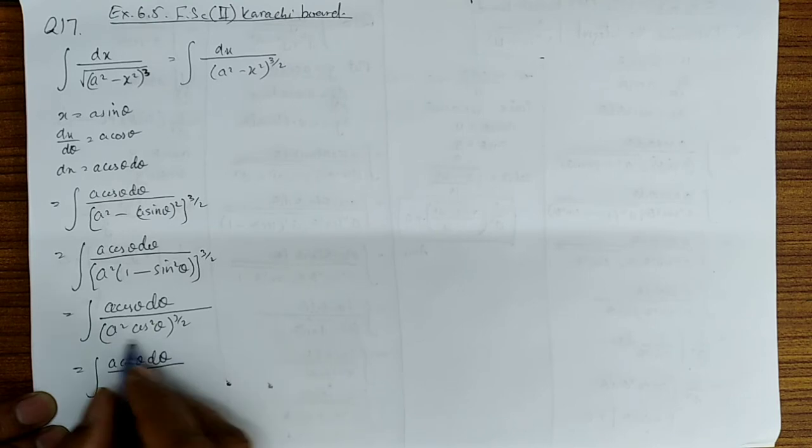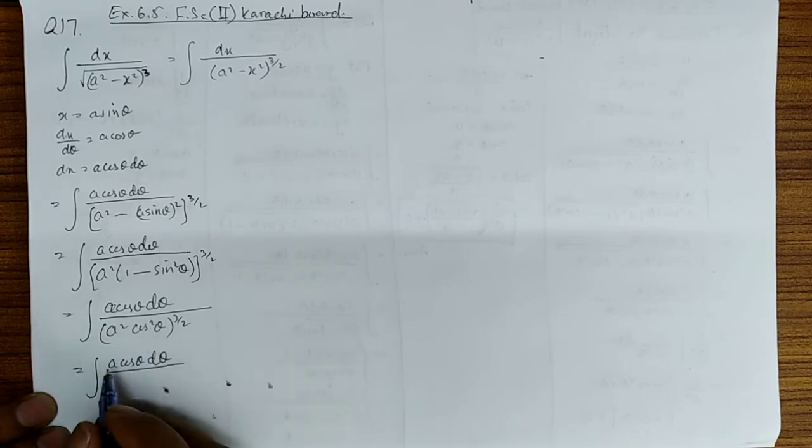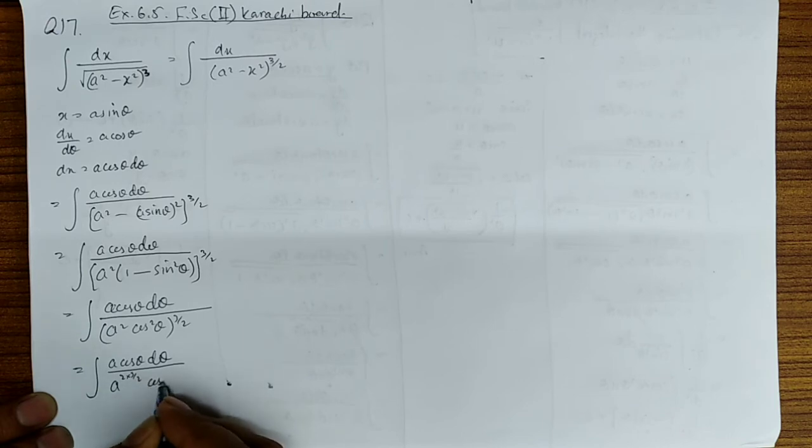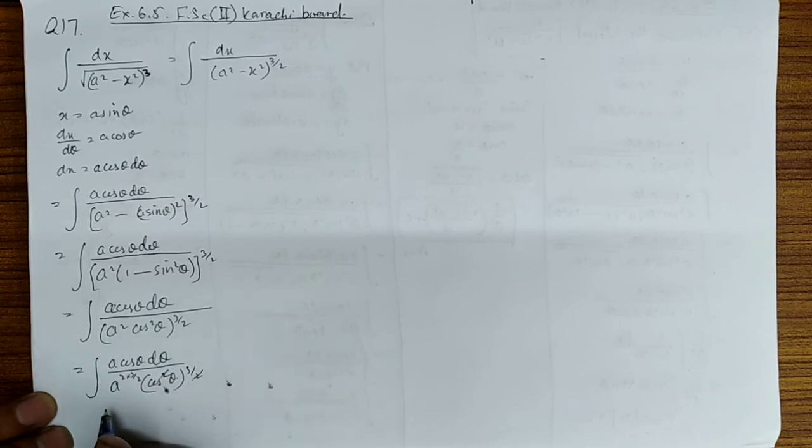Applying this 3 upon 2 inside on each of this, a square, a power 2 multiplied by 3 upon 2, cos square theta 3 upon 2, 2 and 2 will cancel out, and here 2 and 2 cancel out.